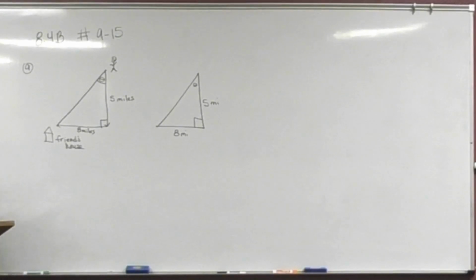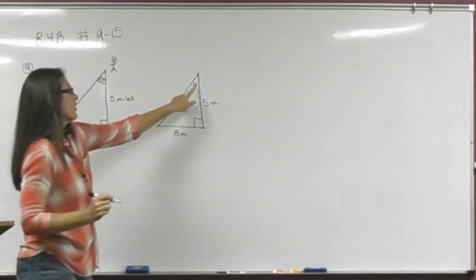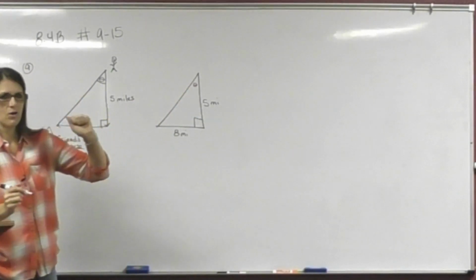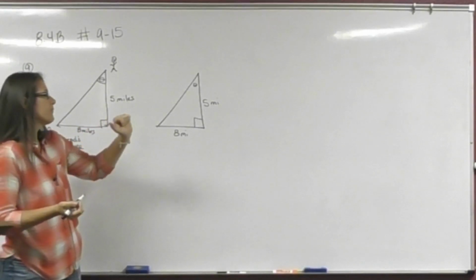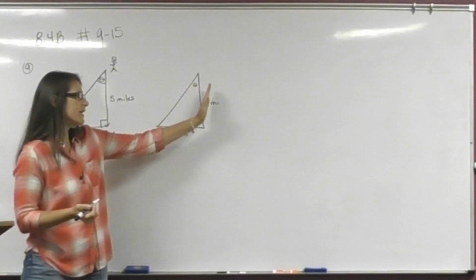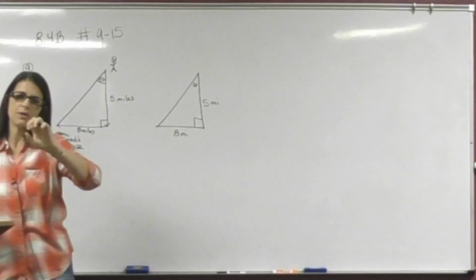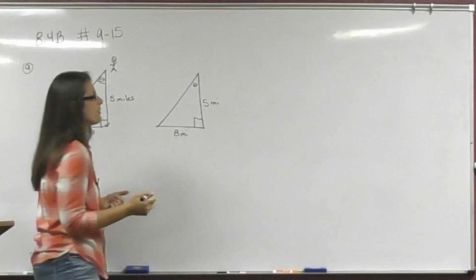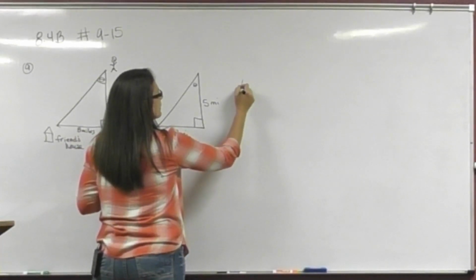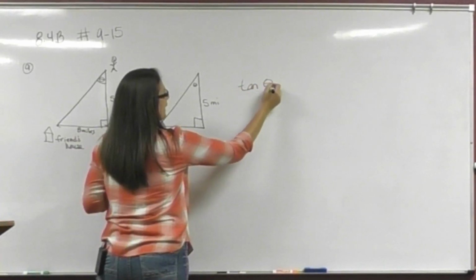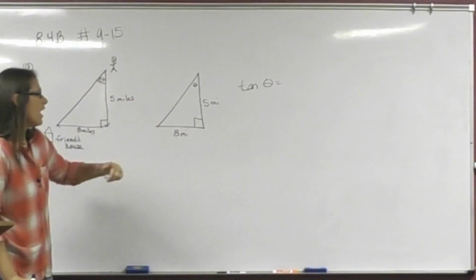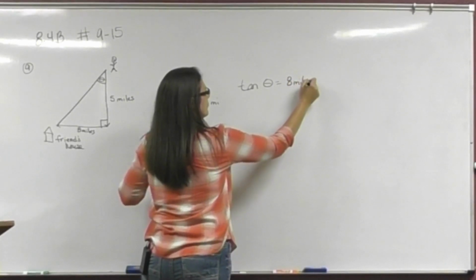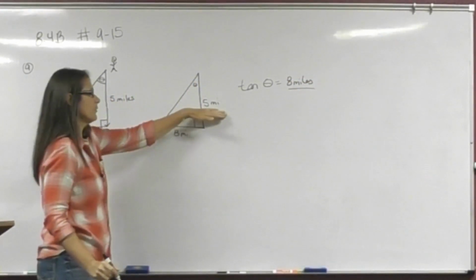So we have to find the measurement of this angle right here, okay? That's the question. So in relation to this angle, we are given opposite and adjacent. So out of our 3 trig functions, we know that we have to use tangent, because tangent is opposite over adjacent. So tangent of theta equals opposite, which is 8 miles, over adjacent, which is 5 miles.